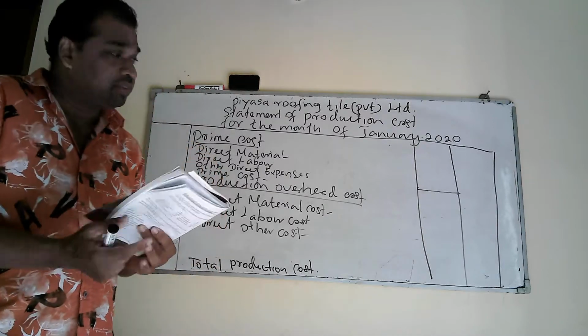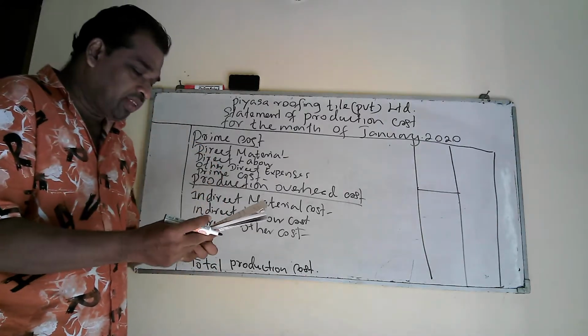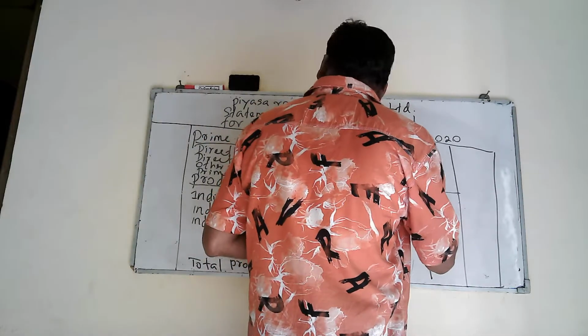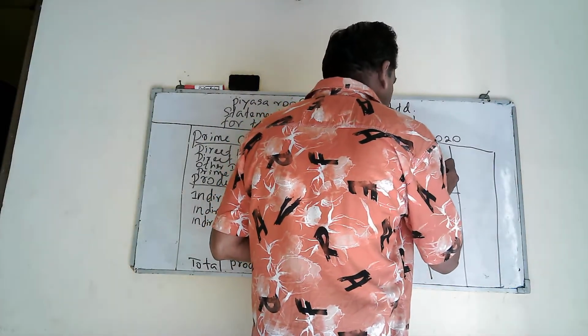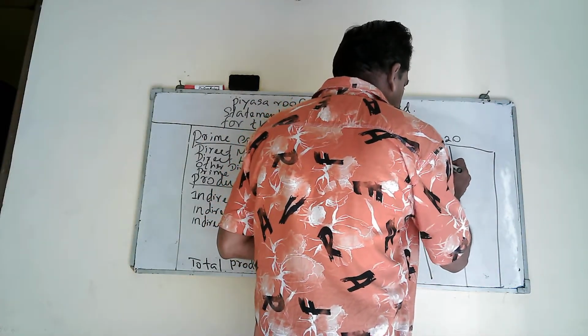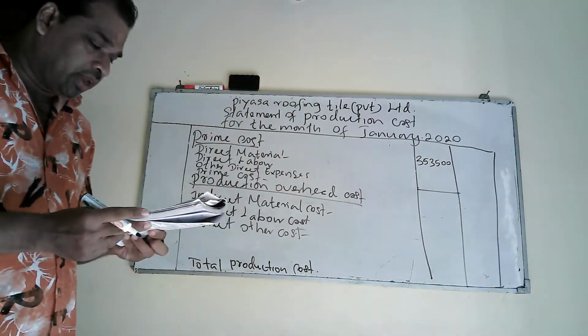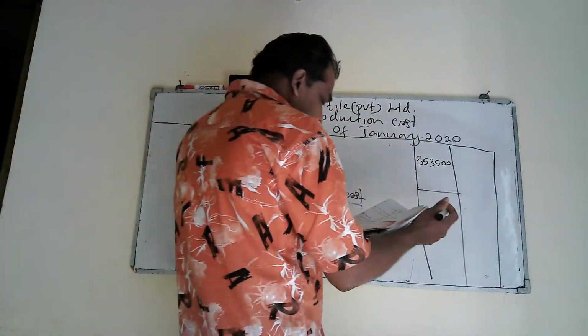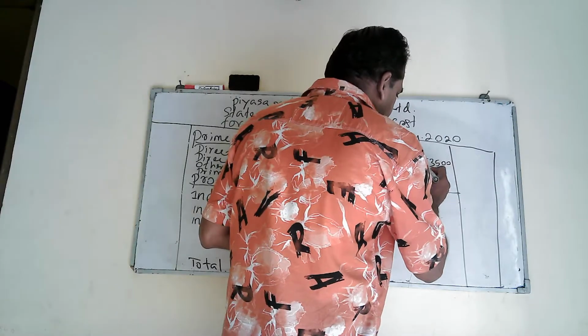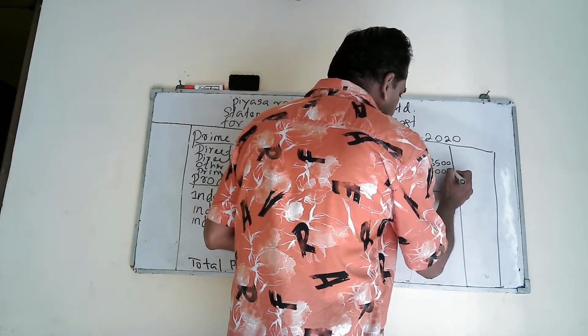First one, material purchases. Material purchases is direct material cost, that is 353,500. Next item, production labor cost, that is direct labor. It comes under direct cost, that is 85,000.